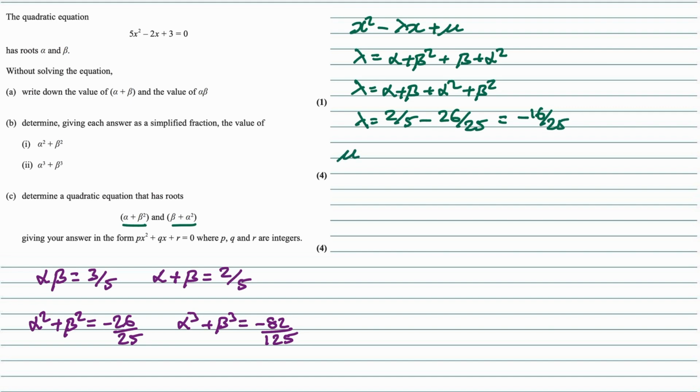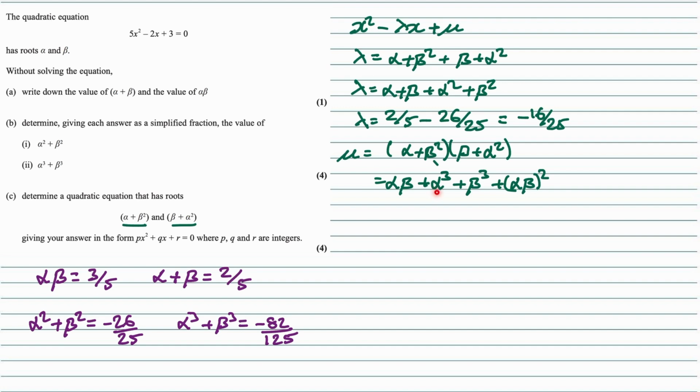Now for mu, this will be the product of the roots. So this will be alpha plus beta squared multiplied by beta plus alpha squared. We can expand out these brackets. We get alpha beta plus alpha cubed plus beta cubed plus alpha beta all squared.